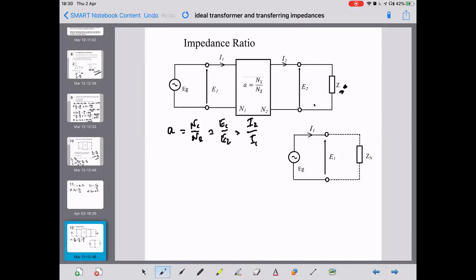All right. So what we're going to do now is say that what the generator sees is an impedance, I should say Z dash there. Just cover that, Z dash.